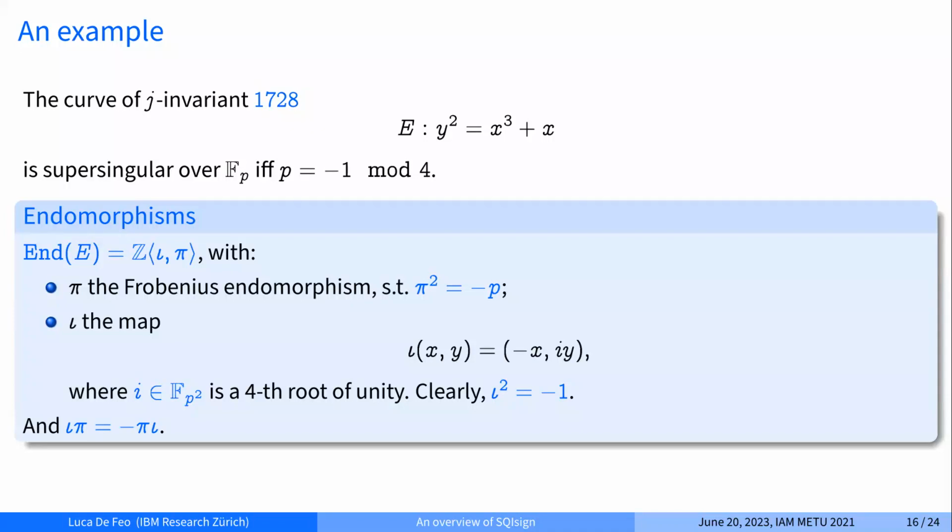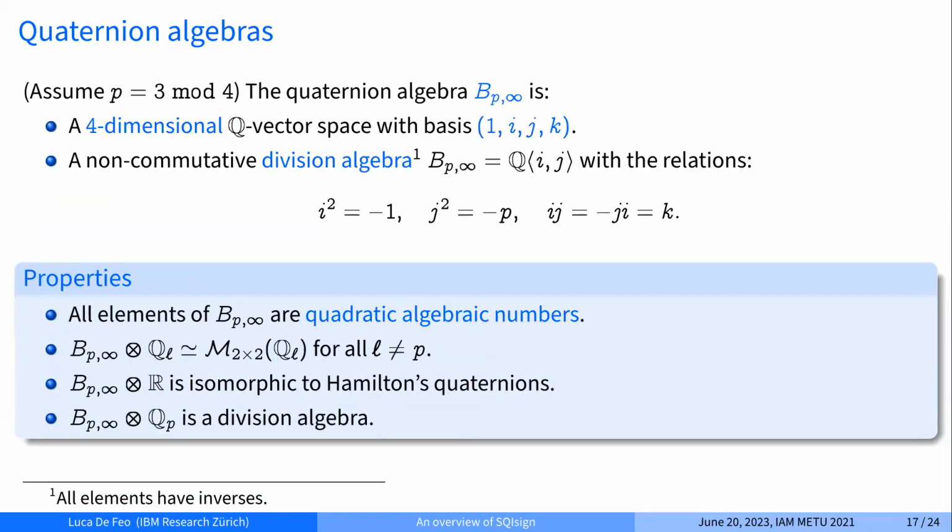I understand. And on the next page, page 17, property 2, extending scalars to the p-adic numbers. Does it make the quaternion algebra ramified at p or l in this case?